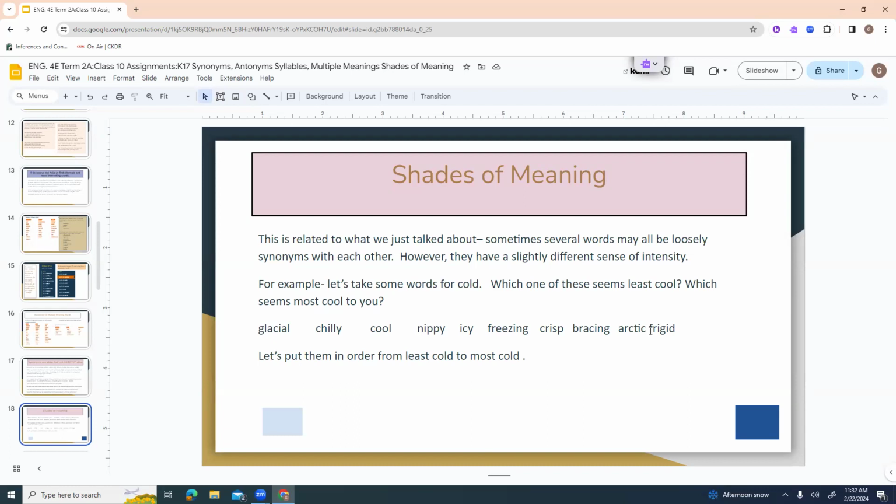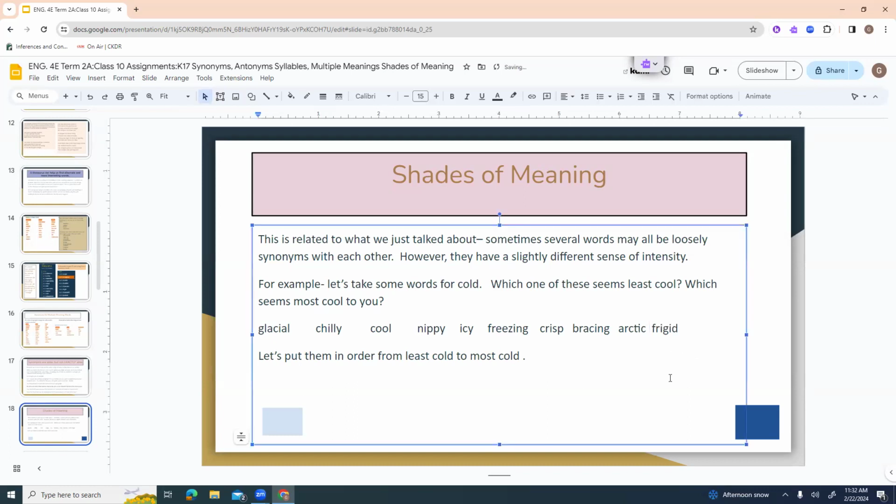So I'm going to start with the opposite end. Which do you think is the most cold? Just looking at those, I would say either glacial or Arctic. Okay, I'm going to go down to the end here and say, for some reason to me, glacial is slightly less cold than Arctic.